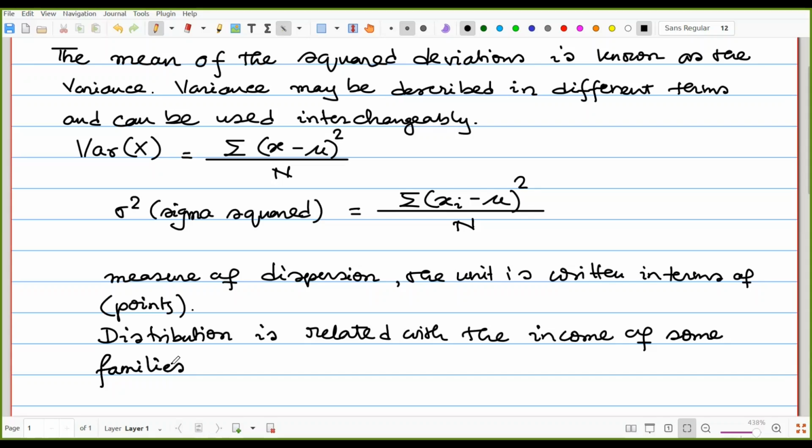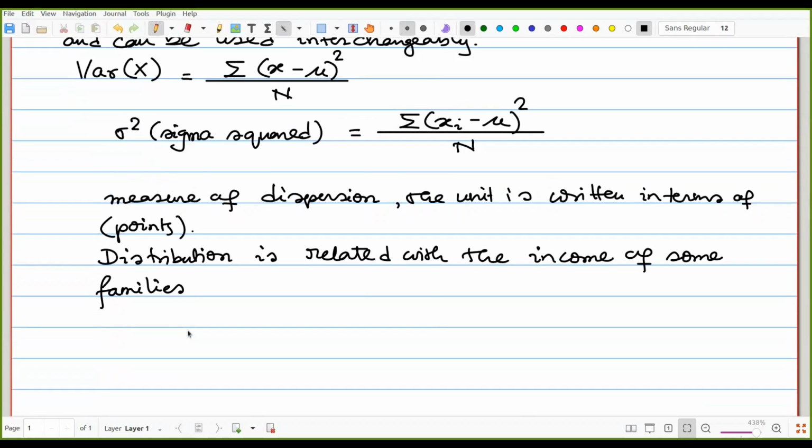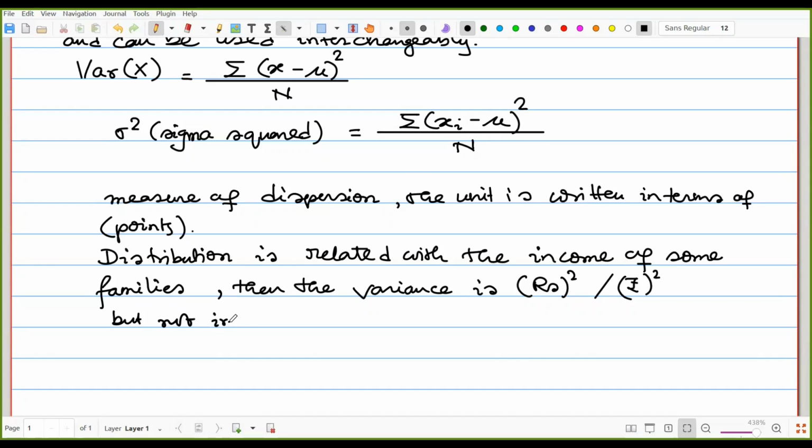So obviously in India, the variance is in rupee square, or using the symbol rupee square, but not in rupees. So that means always the square must be there.